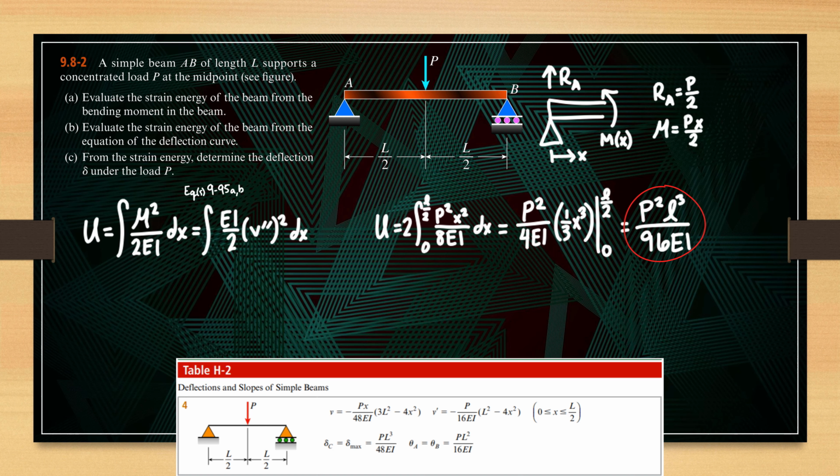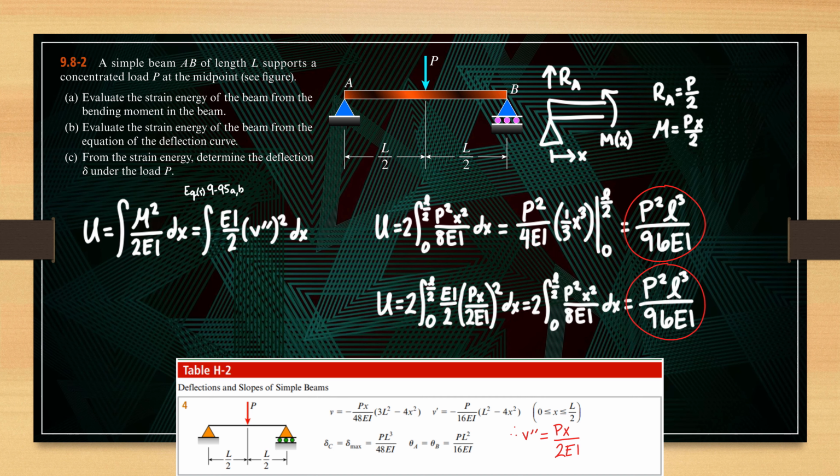But luckily, since it's a simple derivative, we can just solve for that from our v', plug that in, and then simplify that out and get the exact same answer, which is what we wanted, because this is just proving that both methods are equivalent.